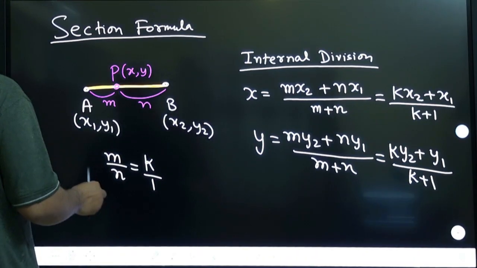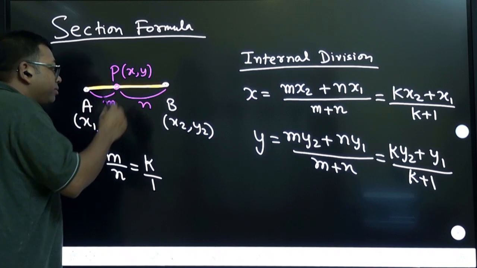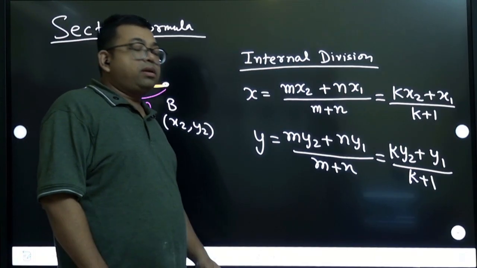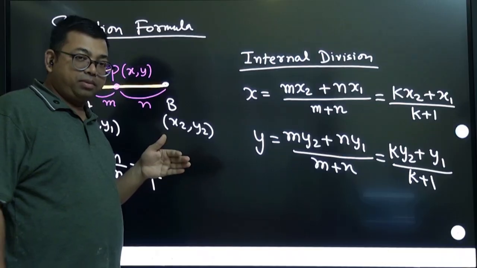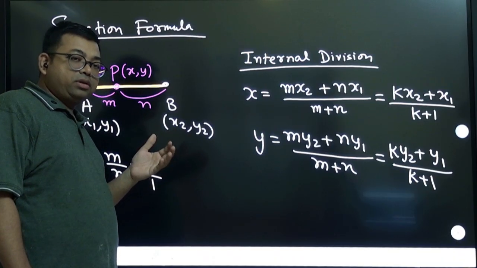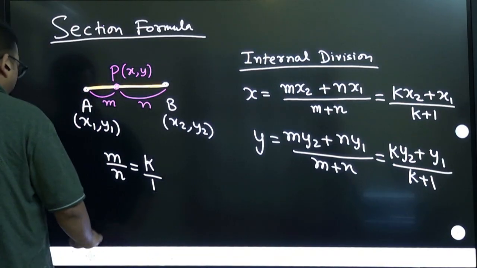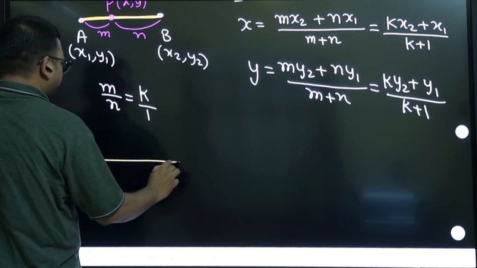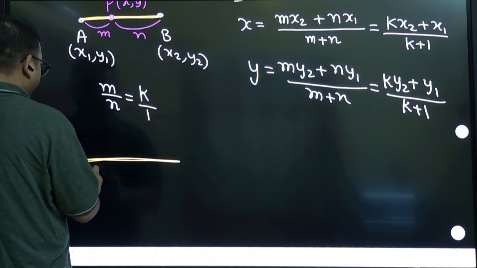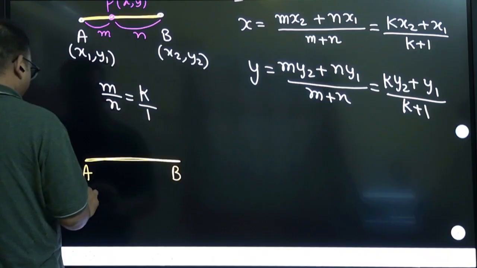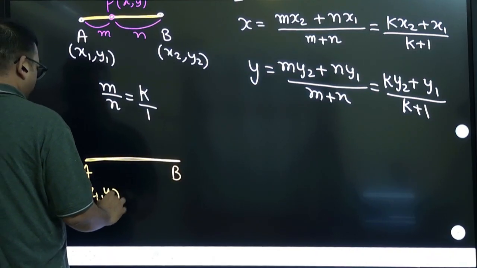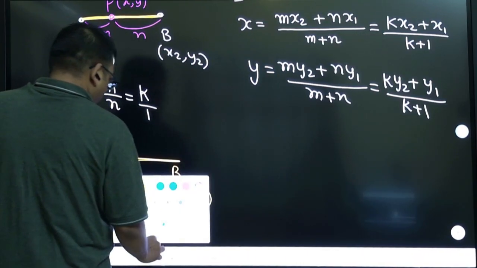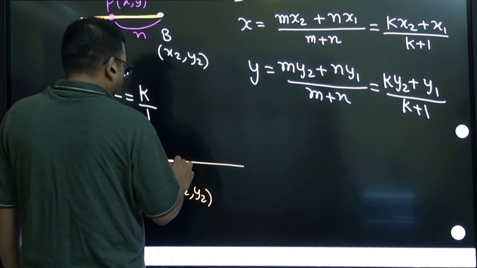This point P will be inside the line AB and it will divide the line AB in this ratio. Similarly, we can find a point outside the line AB which will divide it in a similar way. So let us take external division. Suppose we have the line AB, this is x1 comma y1, this is x2 comma y2, and you can extend this line outside.